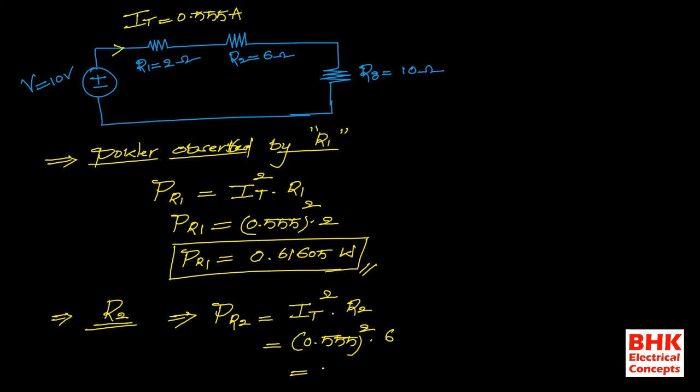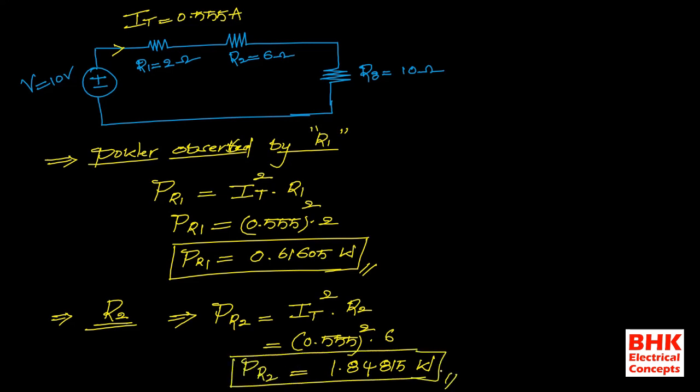Now by simplifying this, into 6, you will get the value of 1.84815 watts. Okay, so this is the power absorbed by resistor R2.